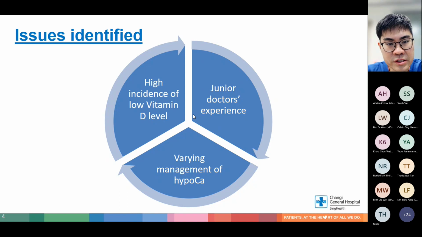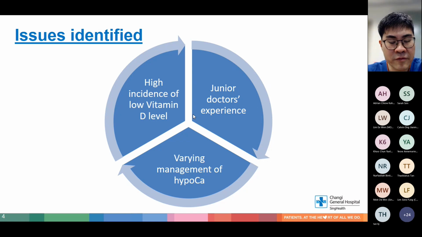First off was the junior doctors' experience or inexperience. Just to make it clear, I'm not faulting the junior doctors. But if you have not done time in GS, especially if you have not done a head and neck posting, you will not have been exposed to managing post-thyroidectomy patients.